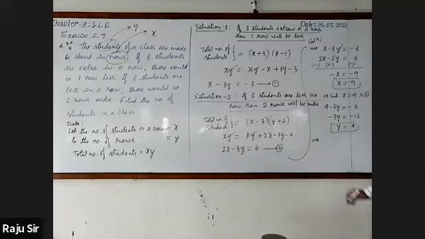We want the total number of students. Total number of students is x is 9, y is 4. This is 36. Conclusion.